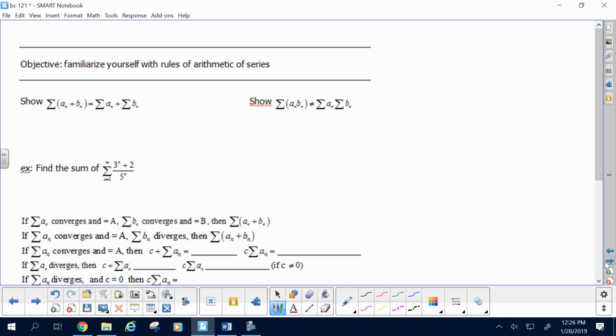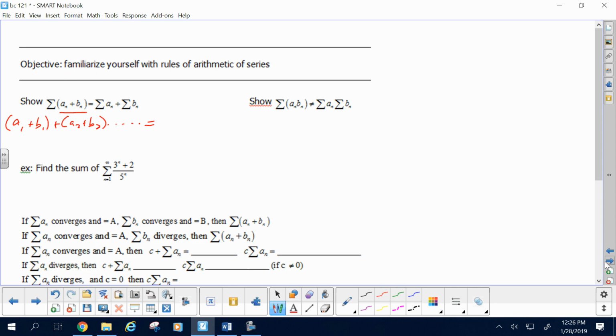It is true that if you get a series that adds two different functions, you can separate them into two series and then add them. Now, that makes a lot of sense because if you were to expand this, it would be A1 plus B1 plus A2 plus B2, cha-cha-cha. That's what that left side would expand to, yeah?